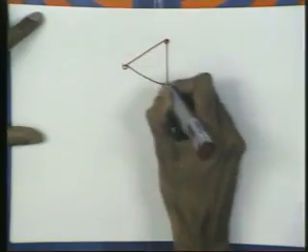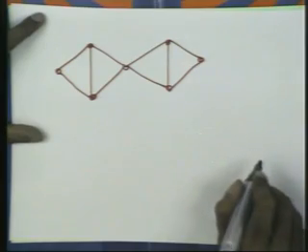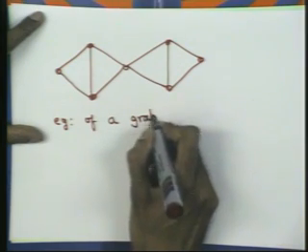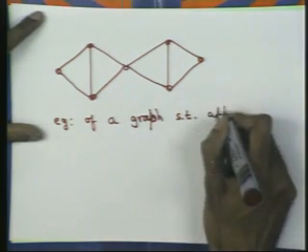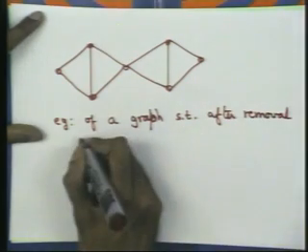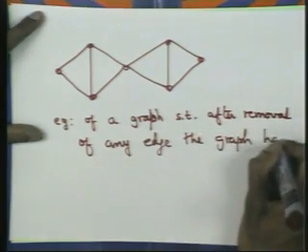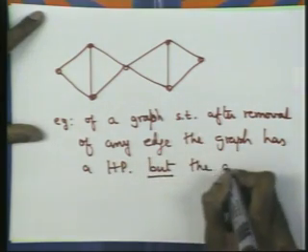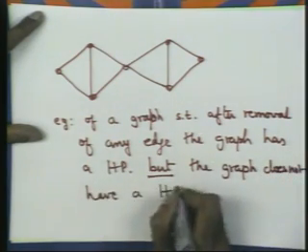Let's see an example. Here is an example of a graph so that after removal of any edge, the graph has a Hamiltonian path, but the graph does not have a Hamiltonian cycle.